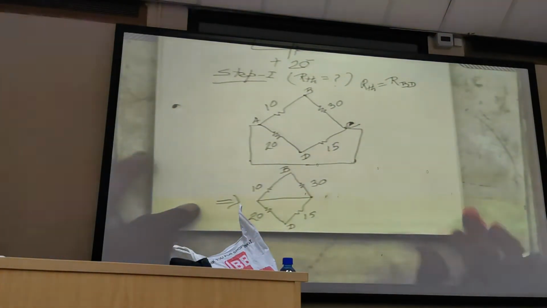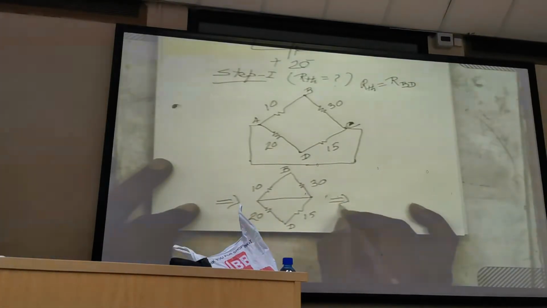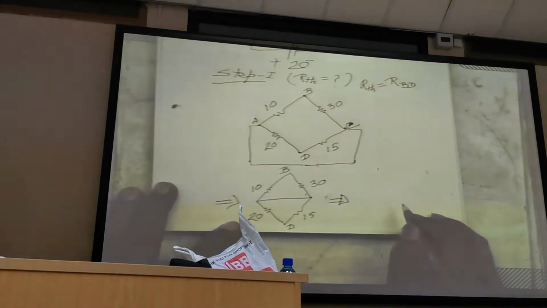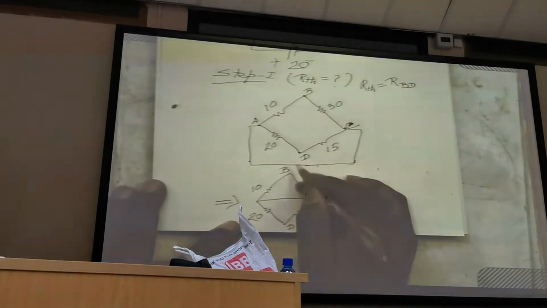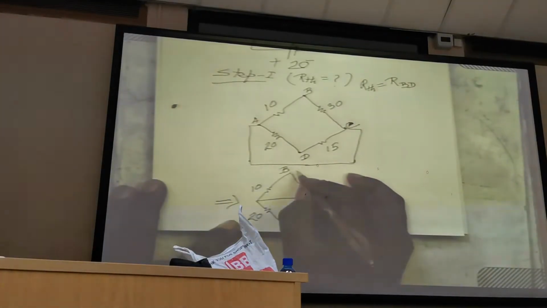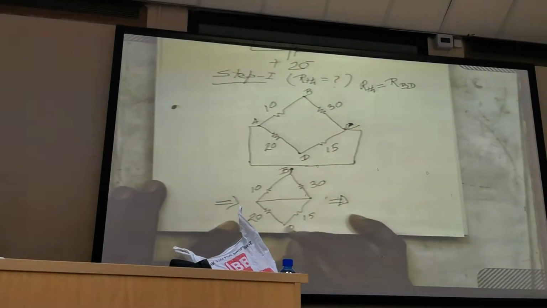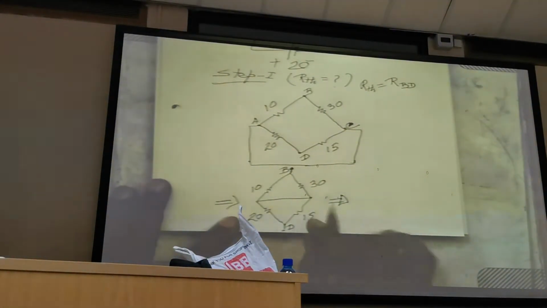And what will be the further equivalent one? That's why I said you need to draw quite a number of circuits. Don't be lazy. And even that one also, we can have a line here as well. We can say this is B, and this one is D. Can you do that?